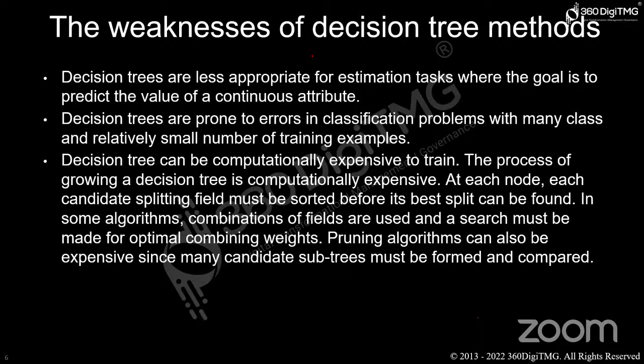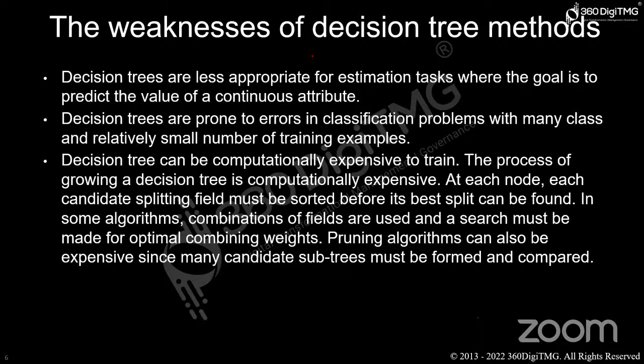Decision tree algorithms are also prone to errors in classification problems with many classes and a relatively small number of training examples. Decision trees can be computationally expensive to train.